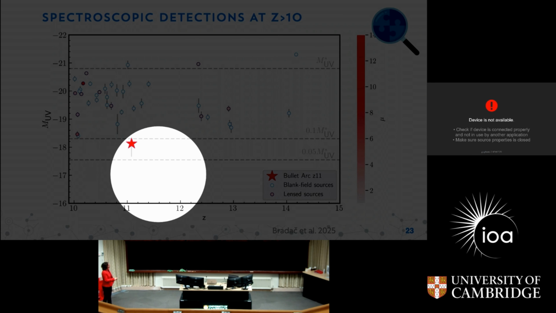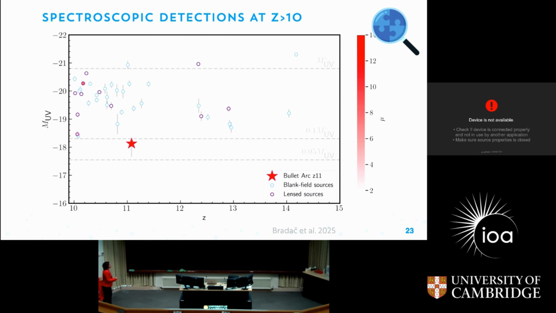So we are really starting to spectroscopically observe galaxies at luminosities of 0.1 L star or below. So this is exciting, but what is also exciting is that this galaxy is highly magnified.